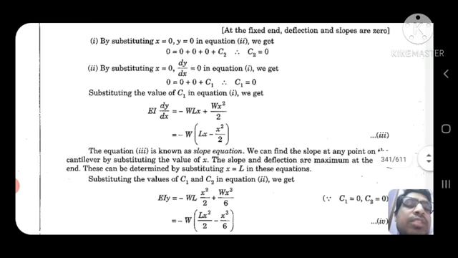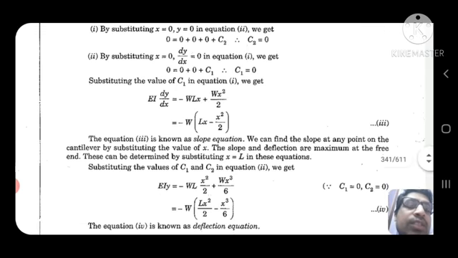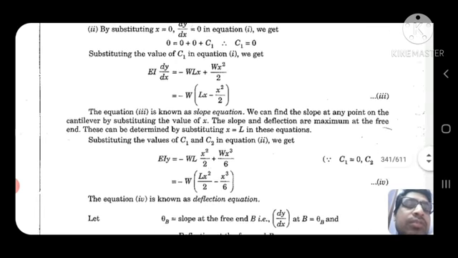By substituting x equal to 0, y equal to 0 in the equation, we get 0 equal to 0 plus C2, so C2 equal to 0. By substituting x equal to 0, dy by dx equal to 0 in the slope equation, we get C1 equal to 0.